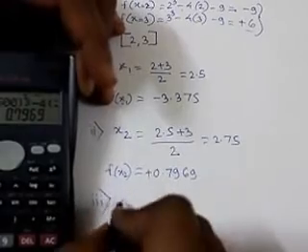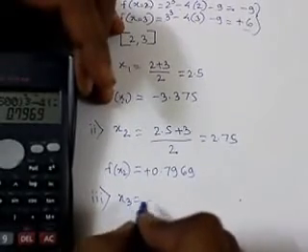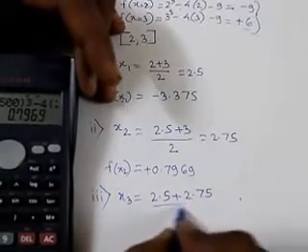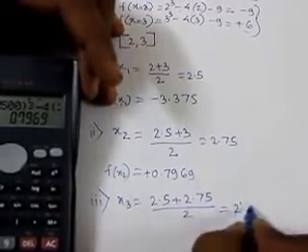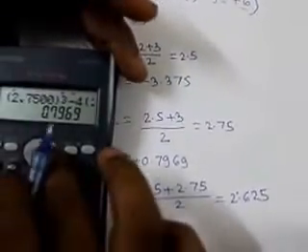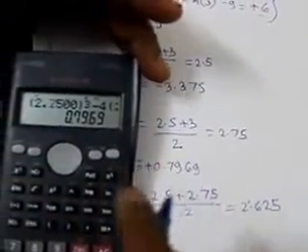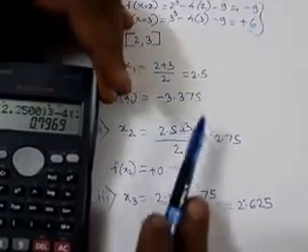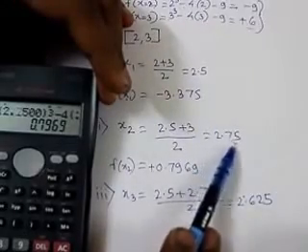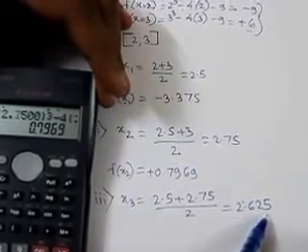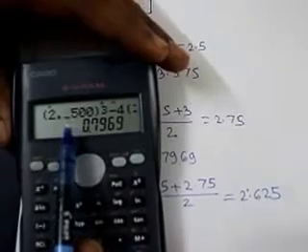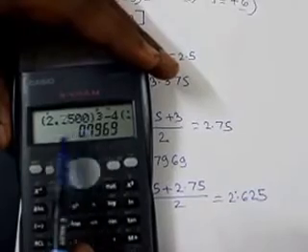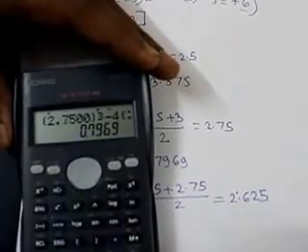So x3 is 2.5 plus 2.75 divided by 2, which is 2.625. As we go on increasing the number of iterations, the significant digits increase: here it was just 1, 2.5, here it became 2, 2.75, here it became 3, 2.625. That is why, instead of just writing 2.5, I put down 2.5000, so it will be helpful here.